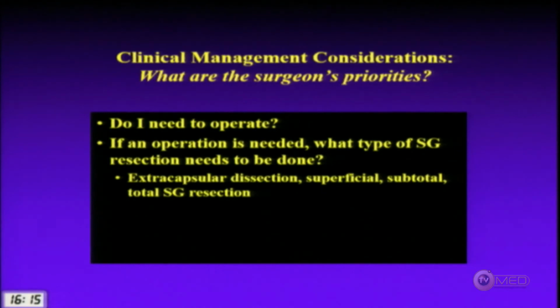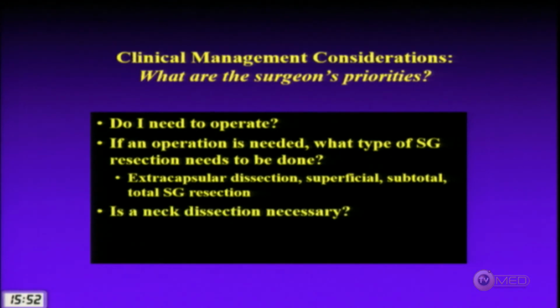Are we going to do an extracapsular dissection? That's often done these days. It used to not be done, but it's often done these days on some of these pleomorphic adenomas. Is it going to be a superficial parotidectomy, for example, a subtotal parotidectomy, or some kind of total salivary gland resection, a more radical surgery? Is a neck dissection going to be necessary? And you know, some of these tumors are occurring in kids.